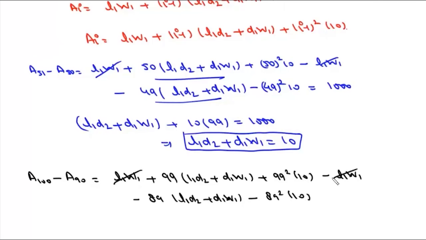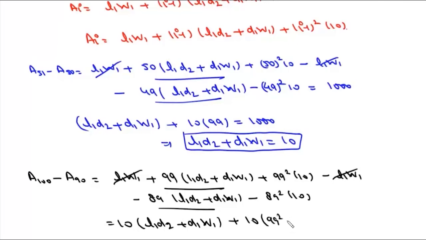Now this L1 W1 will cancel and here this is 10 times L1 D2 plus D1 W1, and here we'll take this 10 common and this is 99 square minus 89 square.